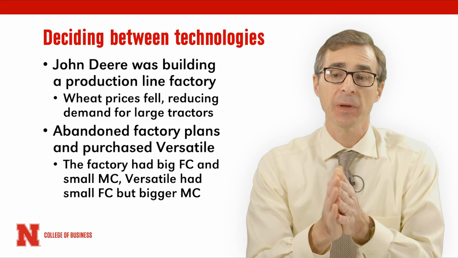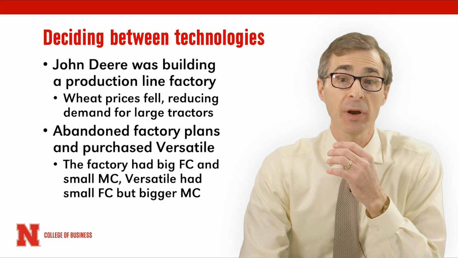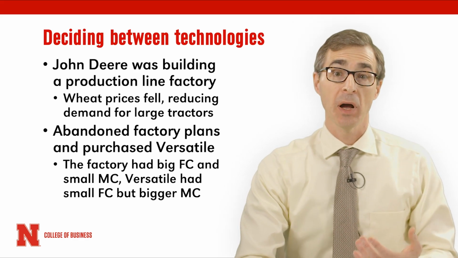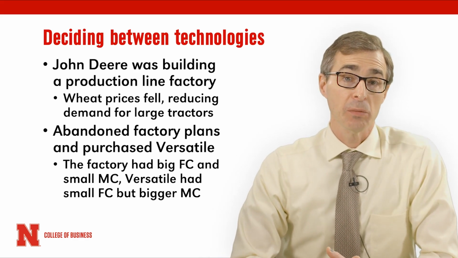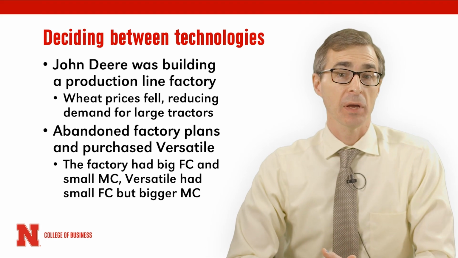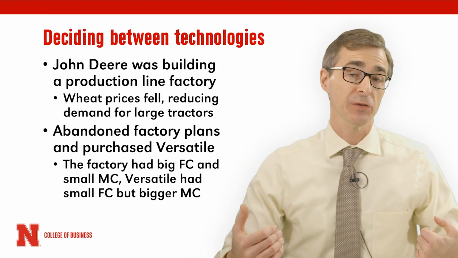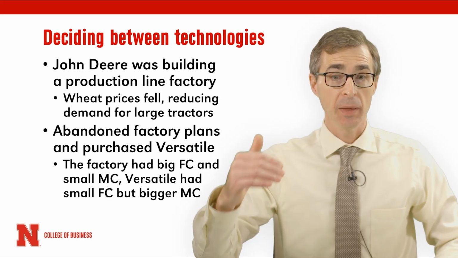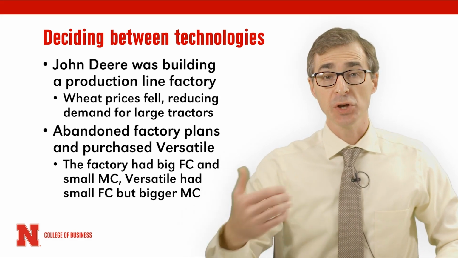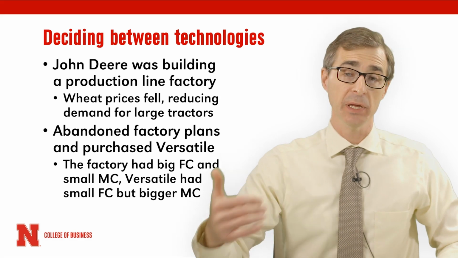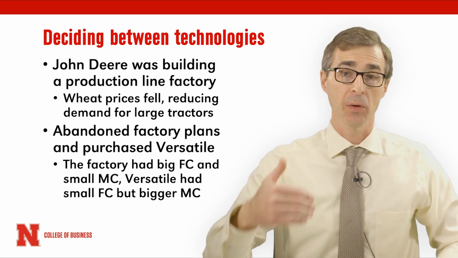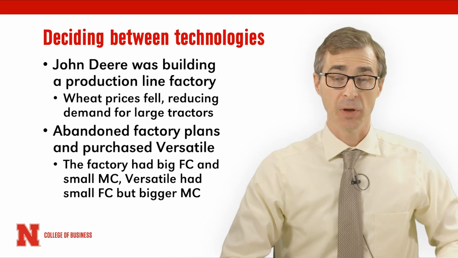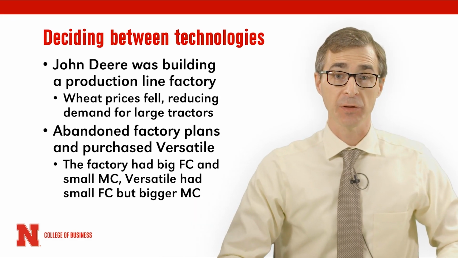Well, the advantage meant that the company could reach profitability sooner, and in an era where demand for the particular tractor that they were marketing had fallen, it made economic sense to go with a lower fixed cost and higher marginal cost investment strategy. The break-even quantity in that case turned out to be much lower. So John Deere also utilized a form of break-even analysis to make the decision to abandon their large production facility and acquire a smaller scale production facility firm.